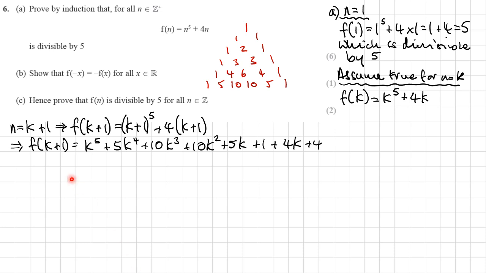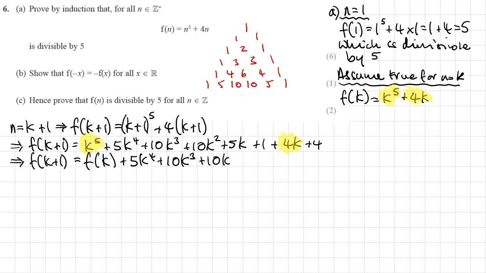Now what I'm looking for is to see if I can find f of k, or a multiple of f of k, in here. Now f of k is k to the power 5 plus 4k, and here I have k to the power 5 plus 4k. So I can write f of k plus 1 equal to f of k plus 5k to the power 4 plus 10k cubed plus 10k squared plus 5k, and then the 1 plus 4 makes 5.